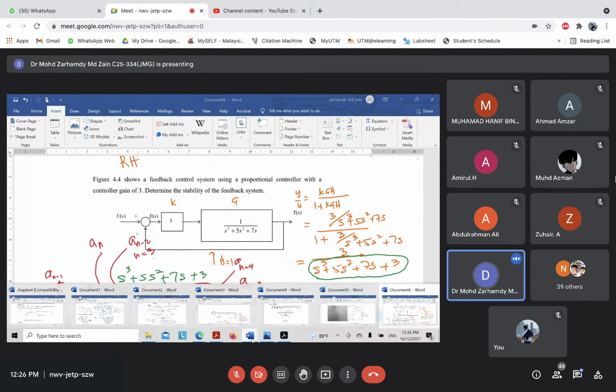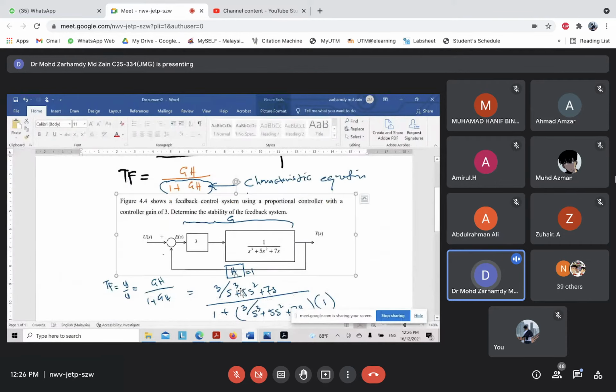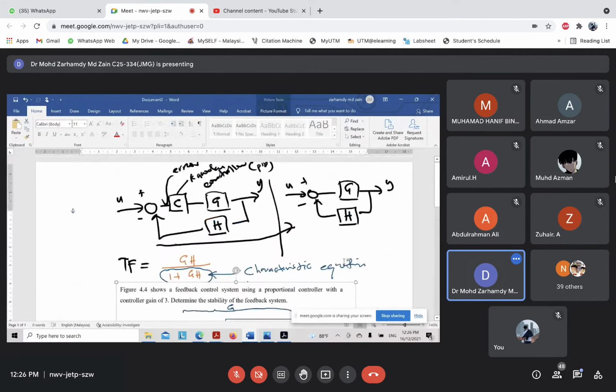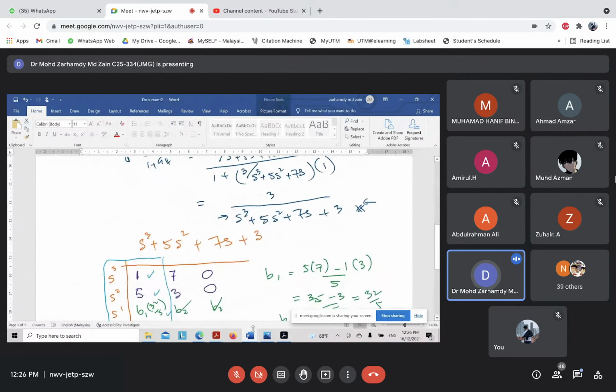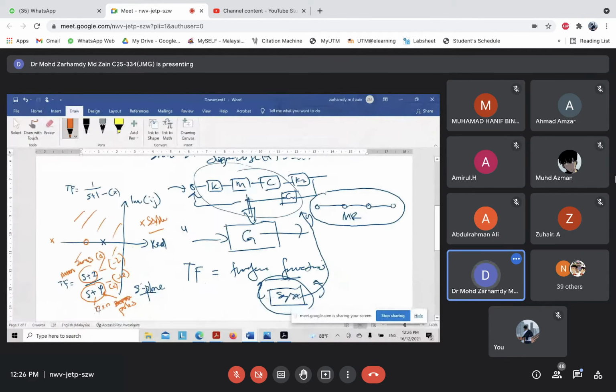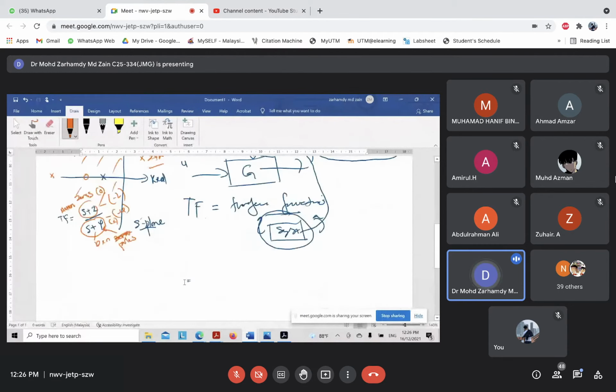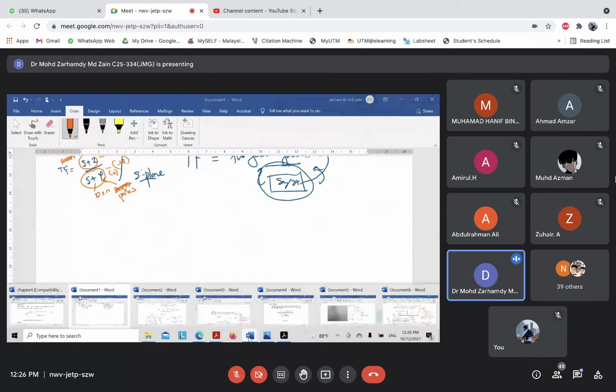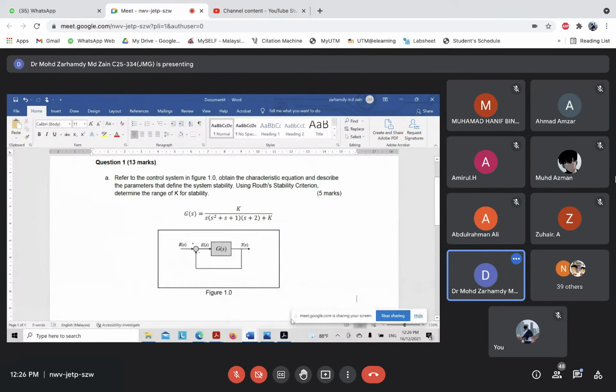Sekejap, mana saya buat dah. Tadi yang kelas tadi tu. Kita buat balik jangan. Ni. Ada lagi. Sekejap. Mana. Ikut. Ni this is the question of the example of test 2, but they need us to come up with the roof stability criteria.